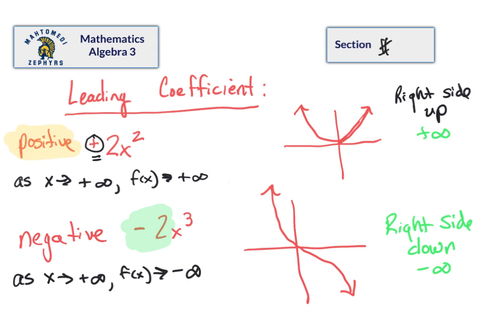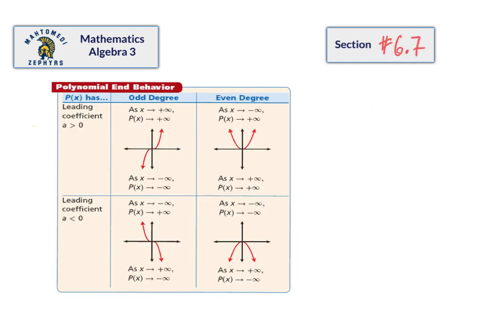So we can put all these ideas together now, and I have in the notes this chart that is divided into two columns, either odd or even.